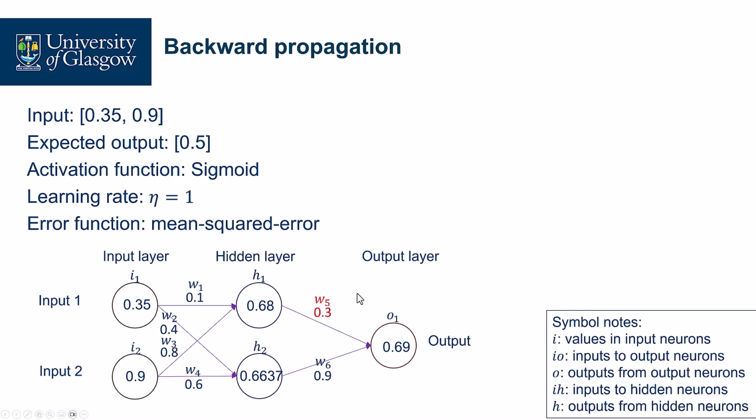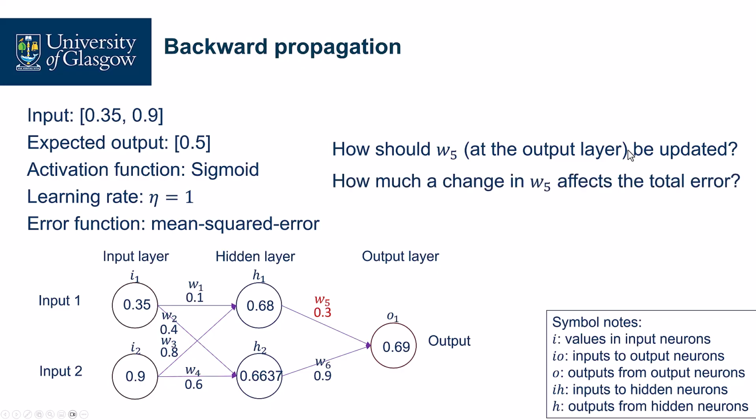Now let's first update W5. How can we update it? Before that, we need to understand how much a change in W5 affects the total error, by calculating the error function or loss function, right? This needs knowledge of calculus, so I can explain it here.